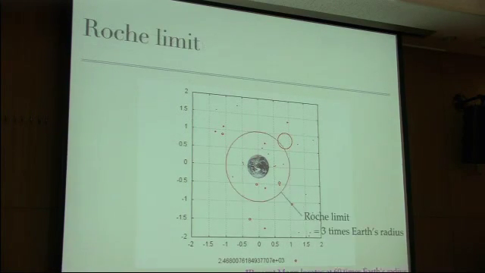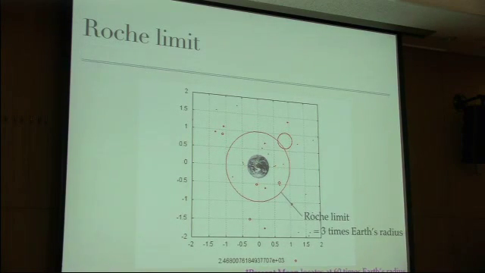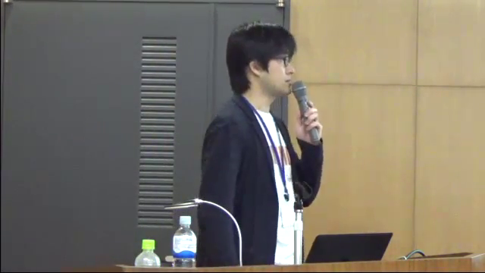Then I show you where the Moon was formed. This other red circle is the Roche limit. Inside the Roche limit, the tidal force by the Earth is stronger than the gravitational force, so the fragments cannot accrete to each other.